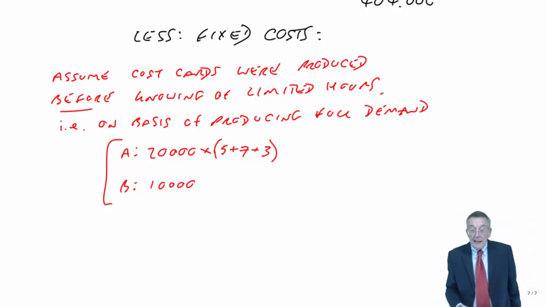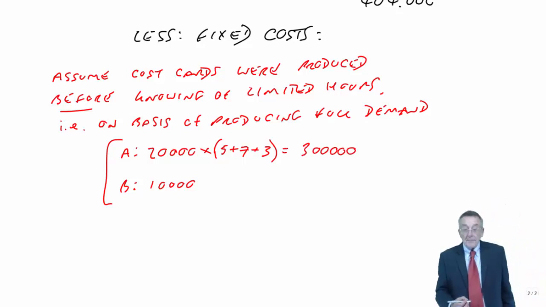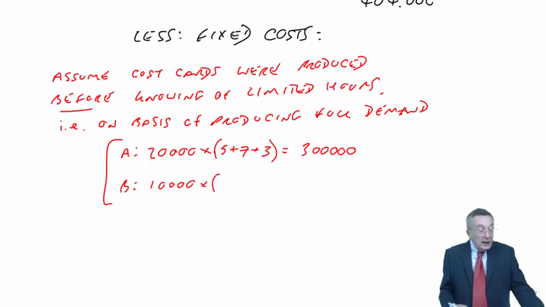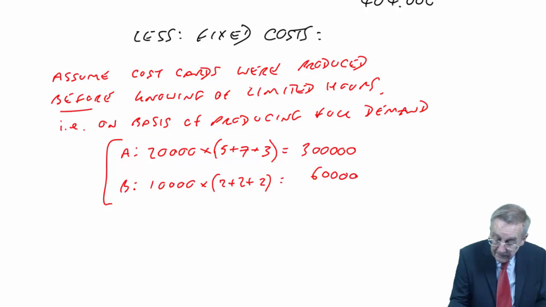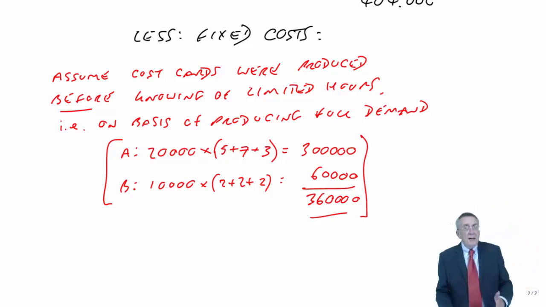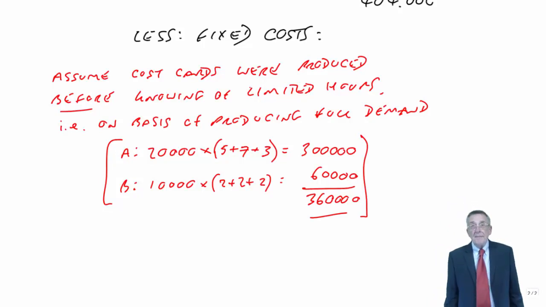So what's that? 15? So we thought it would be a total of 300,000 for A. And similarly for B. 10,000. We thought each unit would have these, what we now regard as fixed costs of 6, so a total of 60. So when we did the cost cards, we expected the total of these to be 360.